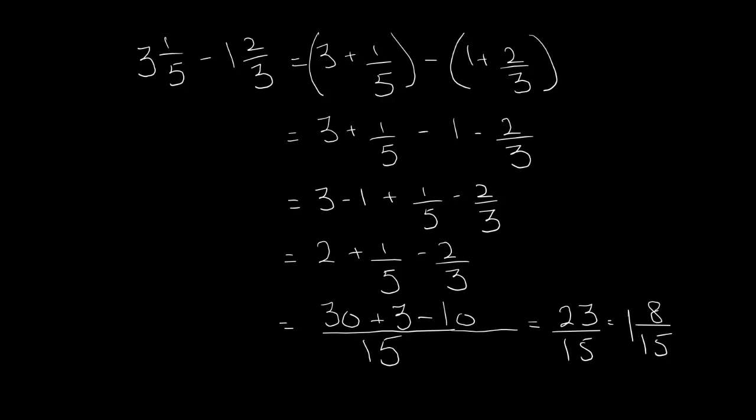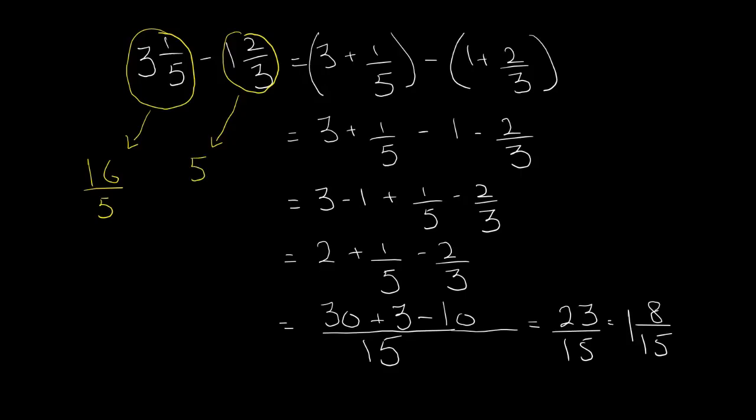There's another way that we can think about the problem, which is let's think of this as a mixed fraction. So I'm going to take 3 1 over 5. Instead of a mixed fraction, I'm going to think of it as an improper fraction. This is just 16 over 5, and this guy just becomes equal to 5 over 3.